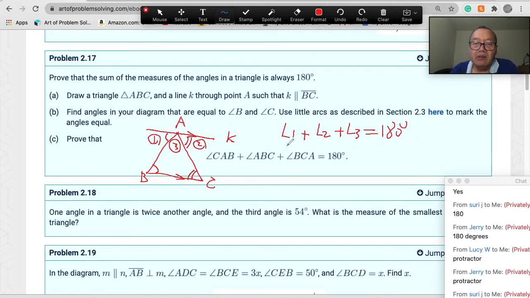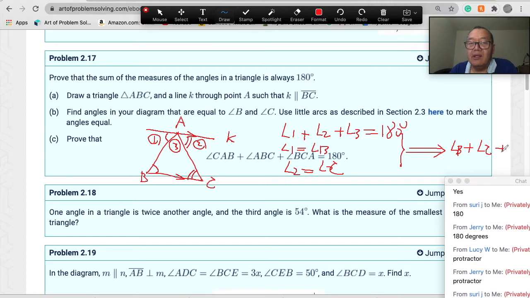By using angle 1 equals angle B, and angle 2 equals angle C, we combine these three pieces of information. We can plug back in, using angle B to replace angle 1 and angle C to replace angle 2.